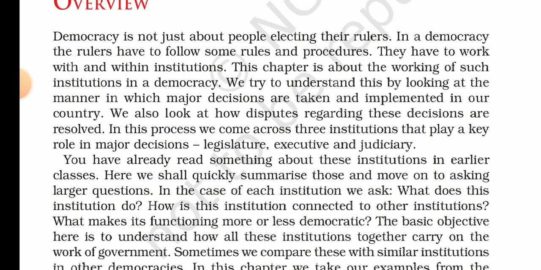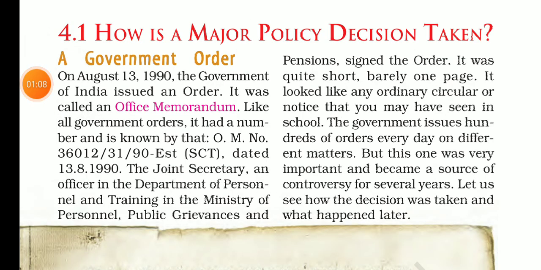Process of taking a major decision, it means process of taking a major policy decision. How is a major policy decision taken? A major policy decision is taken through a government order. To know the process of taking a major decision, it is important to know about government order and its issuing.